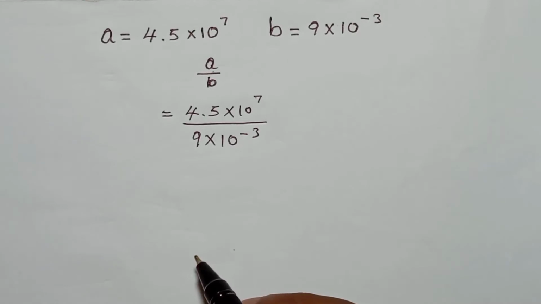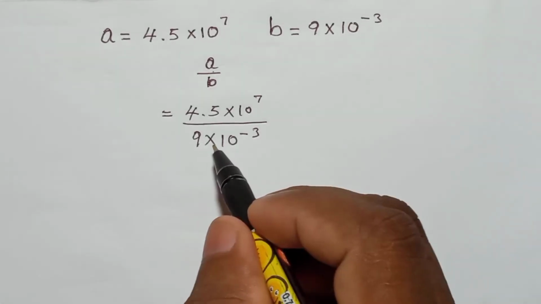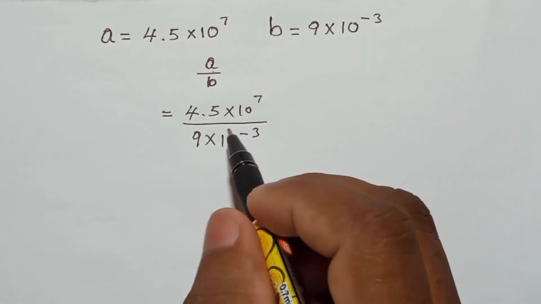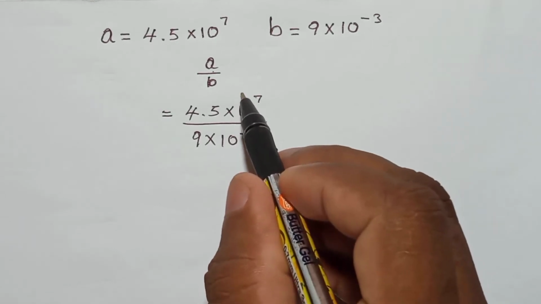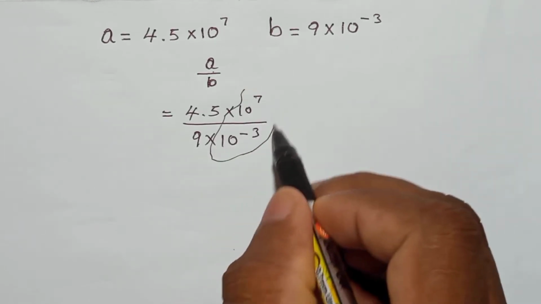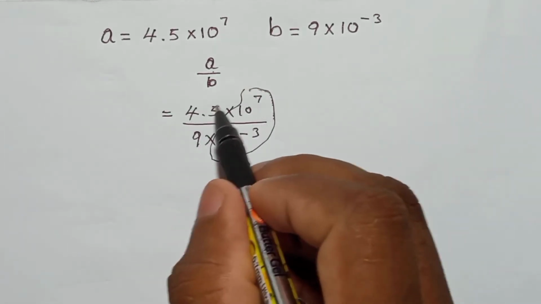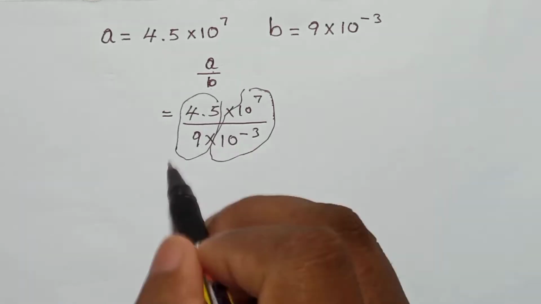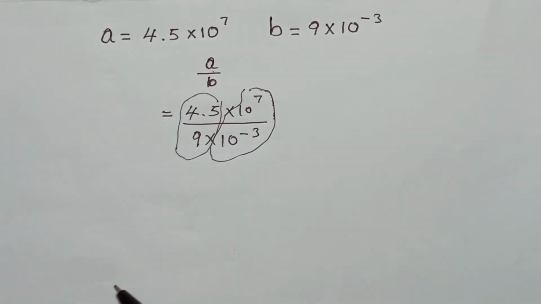Okay, now I will show you a method to do this type of question. You need to do these powers separately, and this normal part separately. These two separately try to do.